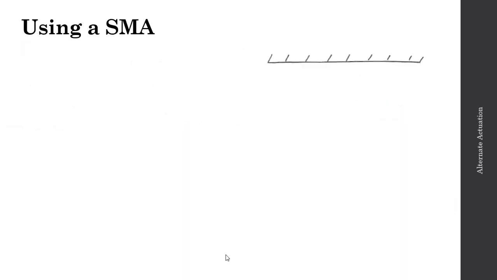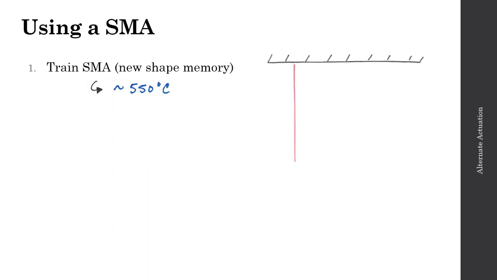So let's take a look then at how we would use an SMA. The first step in using an SMA is to train the SMA into the shape with which you ultimately want to use the SMA. And you can also think of this as the shape memory portion of the SMA. This process typically occurs at high temperatures, so somewhere on the order of 550 degrees C. So as an example, let's say we've trained an SMA into a straight line geometry as shown here.